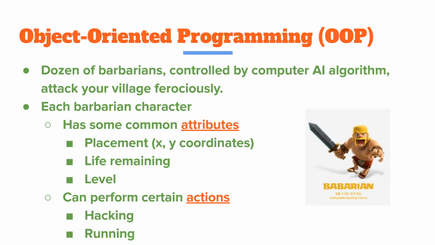Some of the attributes shared between these characters are, A, the barbarians have to be placed somewhere, meaning that they all have an X and Y coordinate. B would be that each barbarian has a certain amount of life remaining. And C would be the level of the barbarian. Each barbarian has a certain level, right? All of these barbarians can also perform certain actions, such as hacking and running.